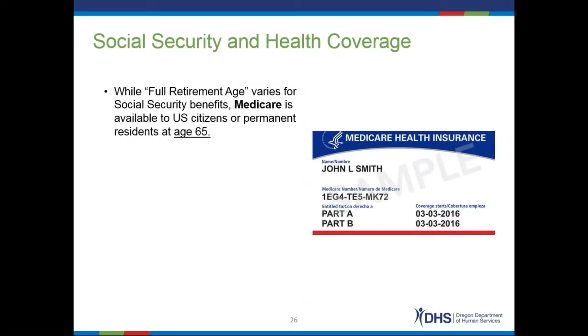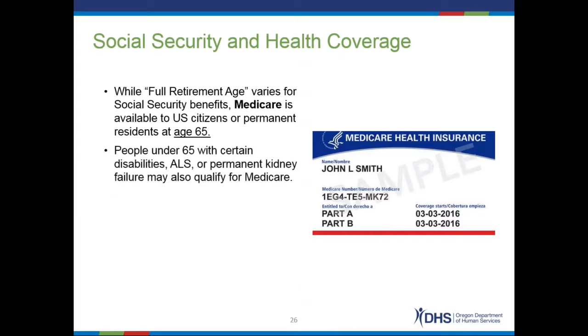While full retirement age varies for Social Security benefits, Medicare is available to all U.S. citizens or permanent residents at age 65. People under 65 with certain disabilities, such as ALS or permanent kidney failure, may also qualify for Medicare.